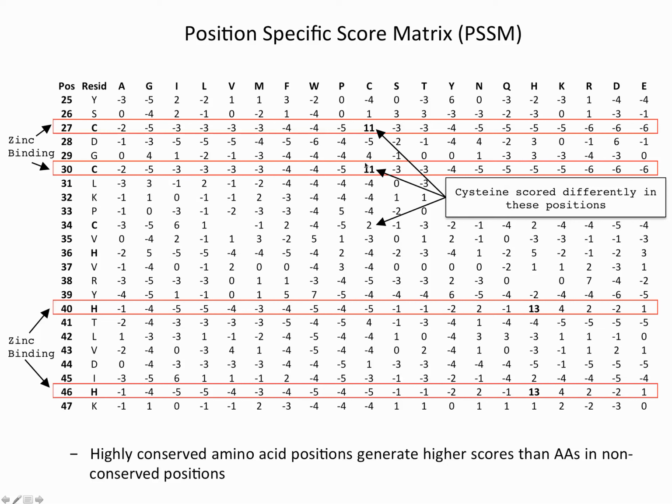Unlike other cysteines or histidines that you can find in the rest of the protein sequence, but they are not in the correct position to coordinate the metal ion. So this conservation is represented in a matrix like this.